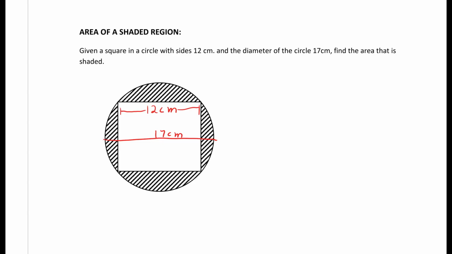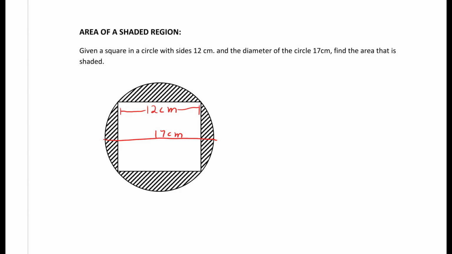So we only want to know the shaded area, which means we have to first calculate the circle and all of that shaded area, and then calculate the square in the middle, and then we're subtracting that from the area of the circle.